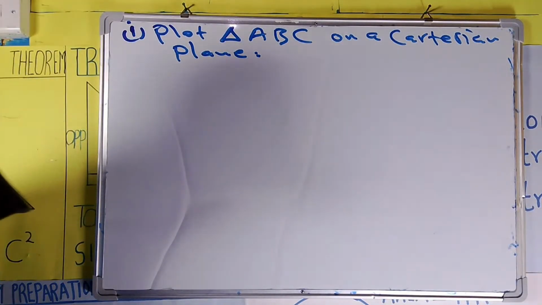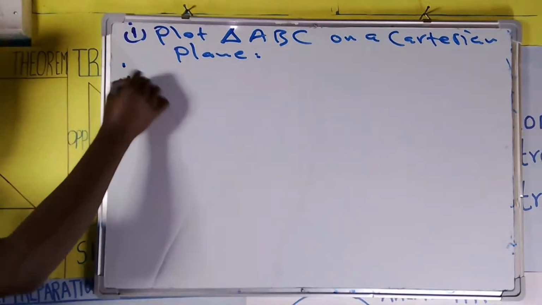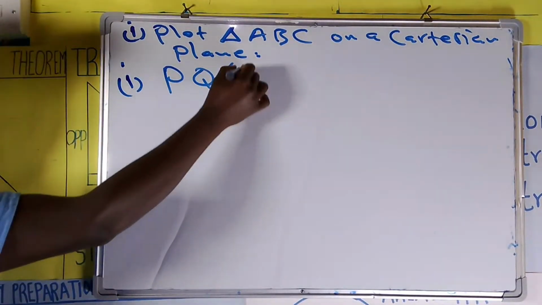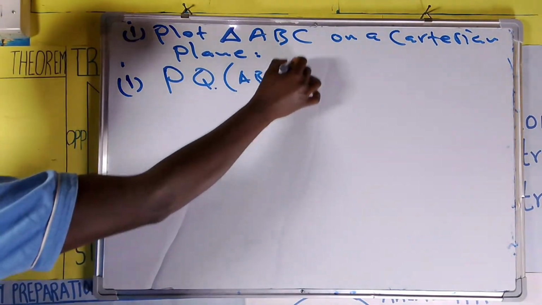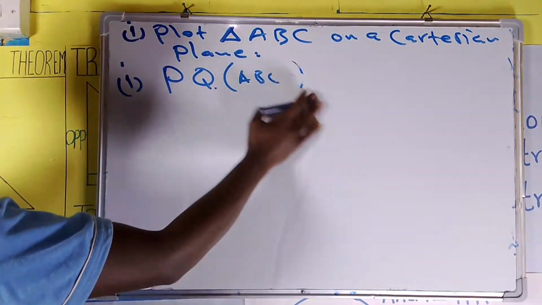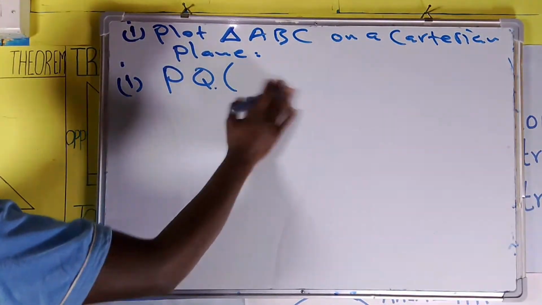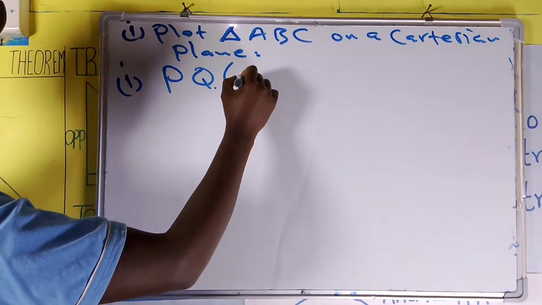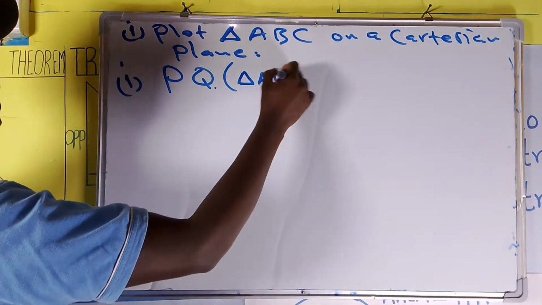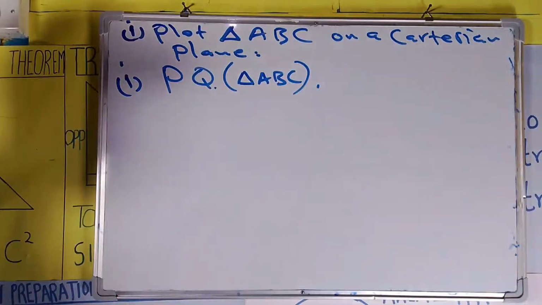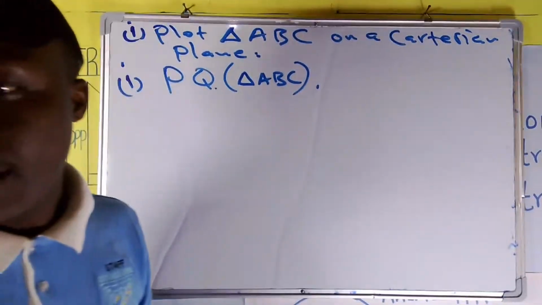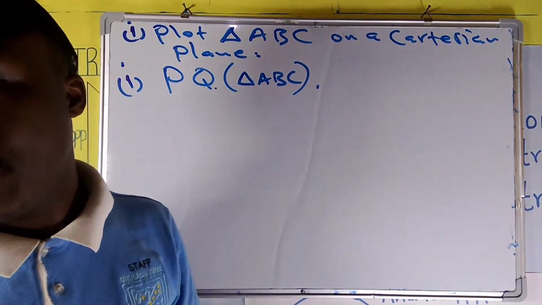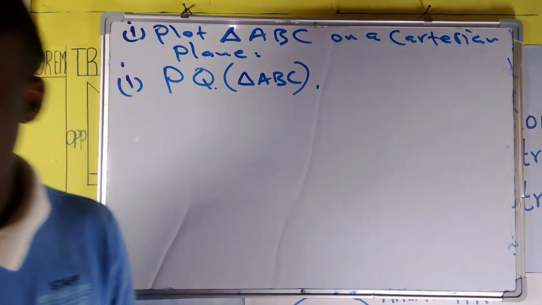Then we will start with Roman 1, transformation PQ. Triangle ABC is what is being transformed, the first one that we are transforming. Once you plot it on a Cartesian plane, inform me that you are done.